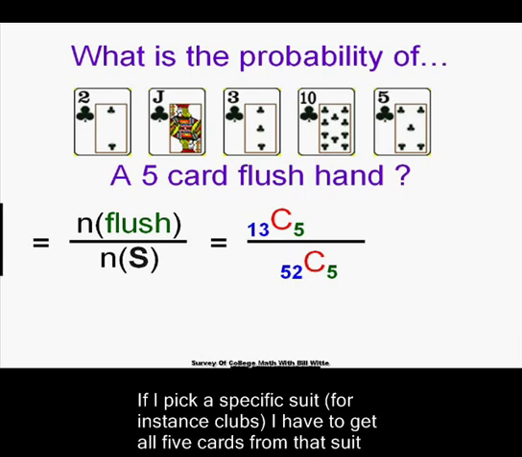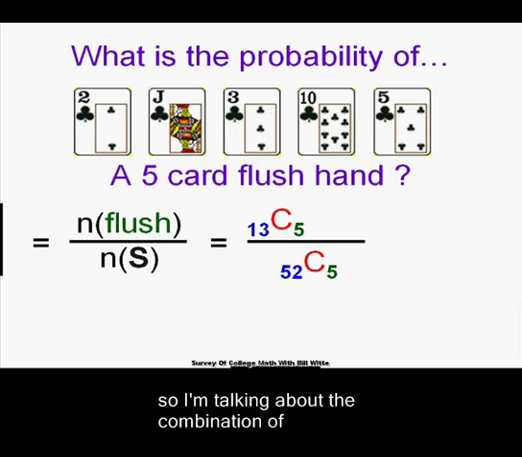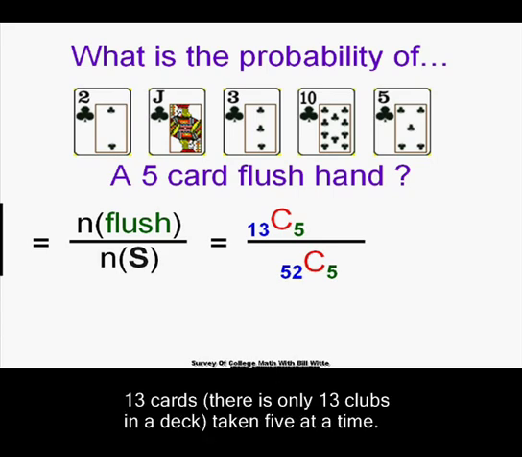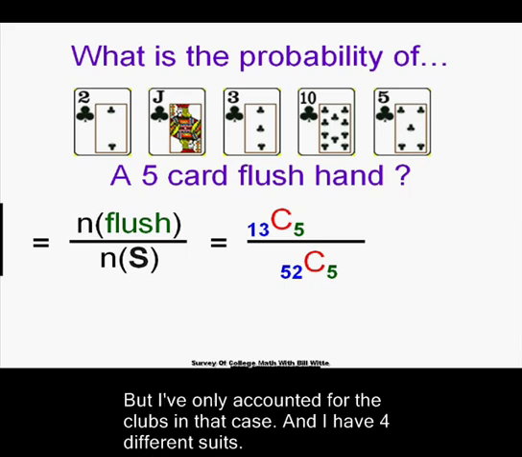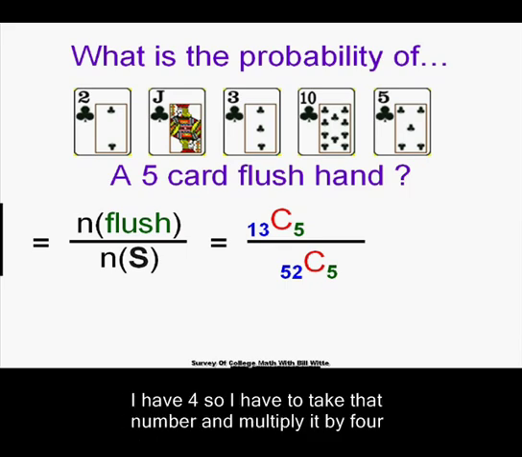If I pick a specific suit, for instance clubs, I have to get all 5 cards from that suit. So I'm talking about a combination of 13 cards, there's only 13 clubs, taken 5 at a time. But I've only accounted for the clubs. Okay, how many suits do I have? Well, I have 4. So I have to take that number and multiply by 4.